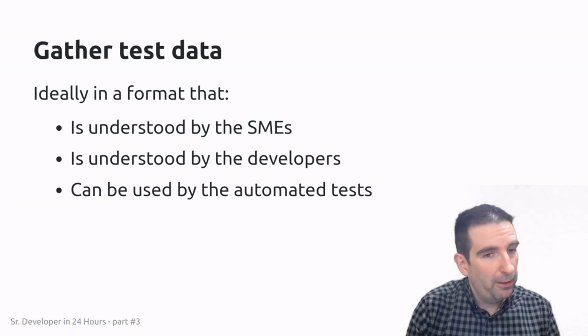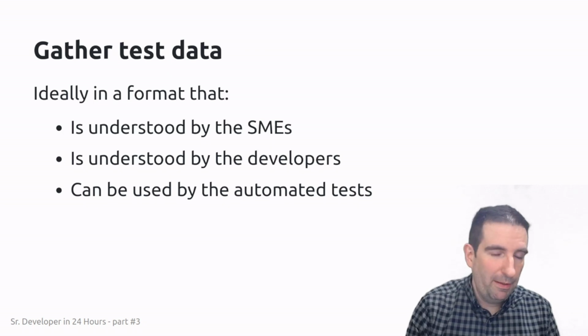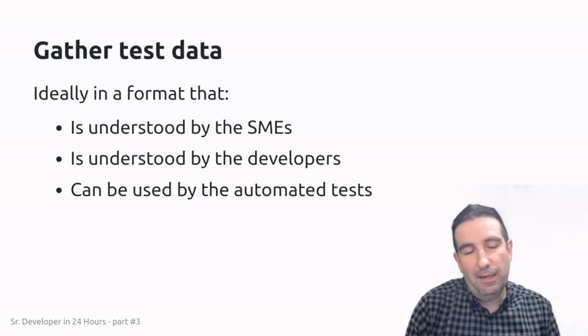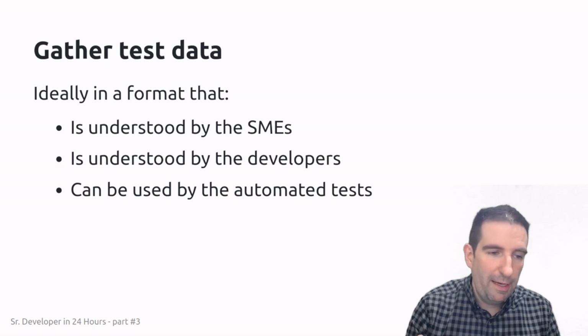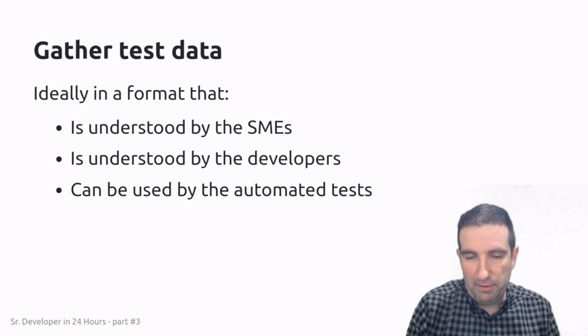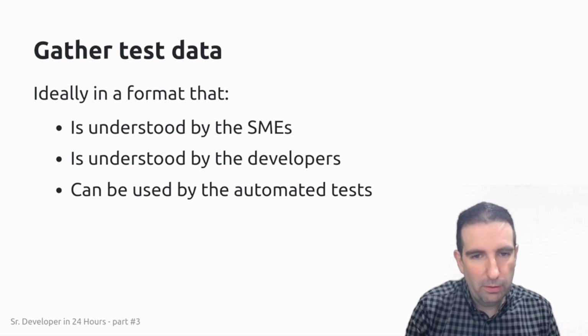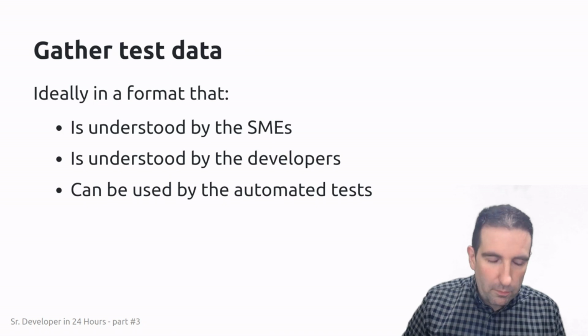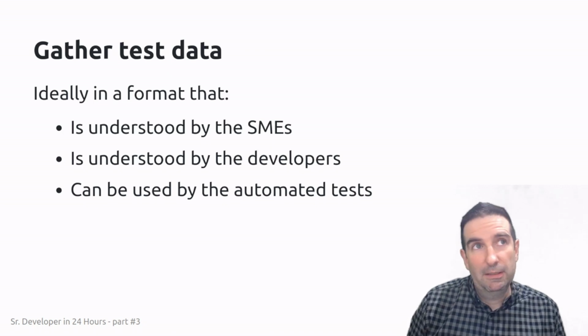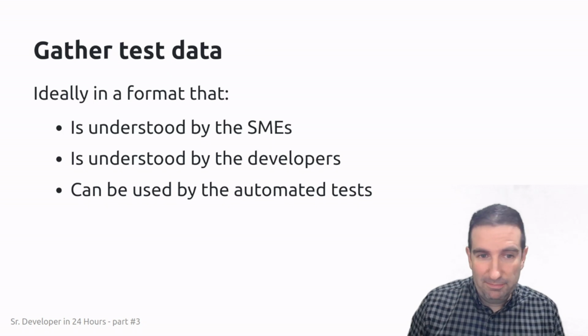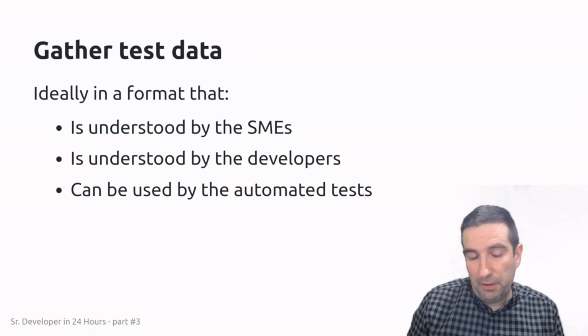So if at all possible, whenever we're dealing with tickets that have significant amounts of business logic, we want to gather test data from the subject matter experts, and we want to gather them in a format that we can use in an automated way, ideally, by our tests.